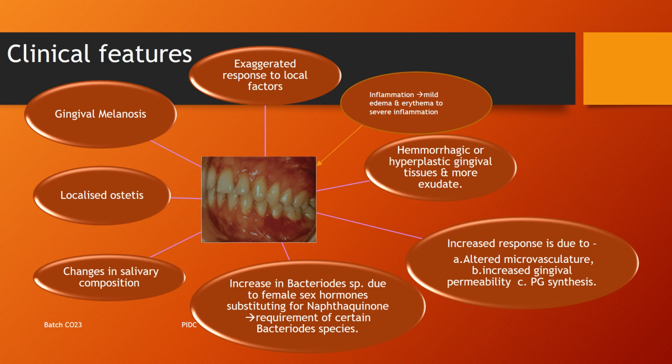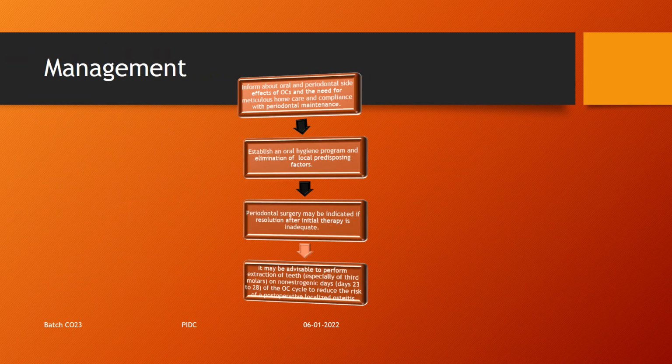The salivary composition could also change, as we said before, with decreased concentration of protein, salicylic acid, or some of the proteins. Gingival melanosis can also be seen in some cases.